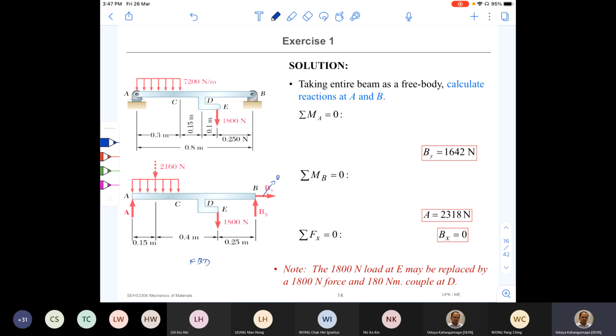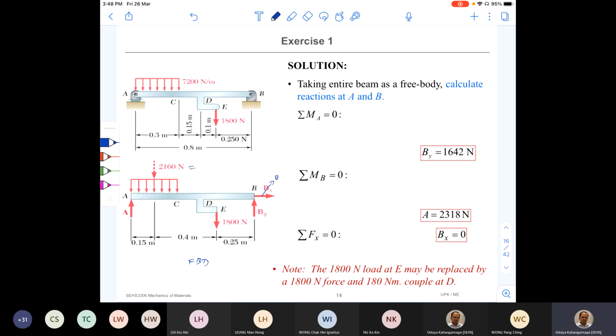Right? And then the distributed load is now represented by a resultant or equivalent concentrated load. The size of that load is 2160 Newton. So how does it come about? You know how to get that one, right?